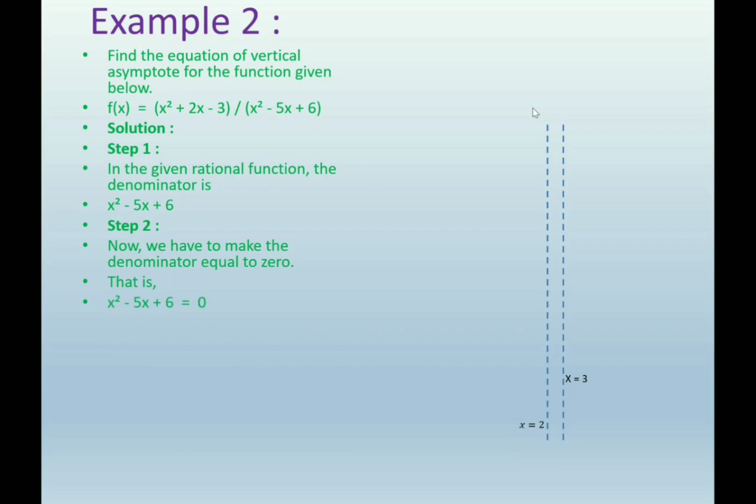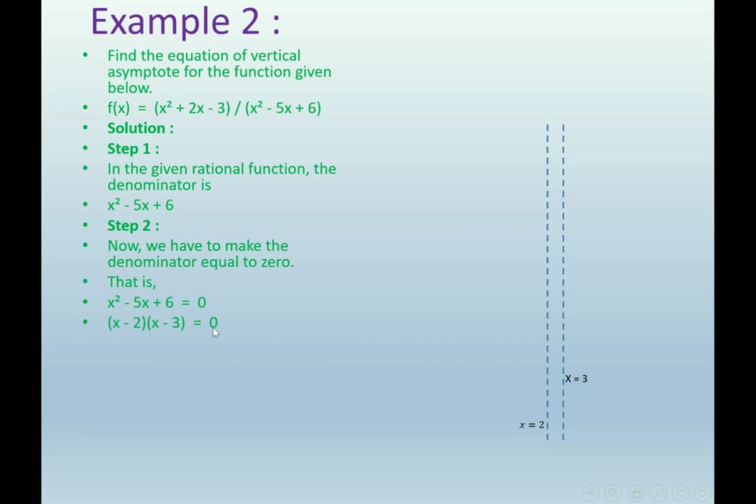and it needs to be factorized as a trinomial expression, which can be written as x minus 2 and x minus 3. Be sure that 6 can be written as 2 times 3, and because the last sign is positive, make the two signs similar to that in the middle, to be minus 2 and minus 3.